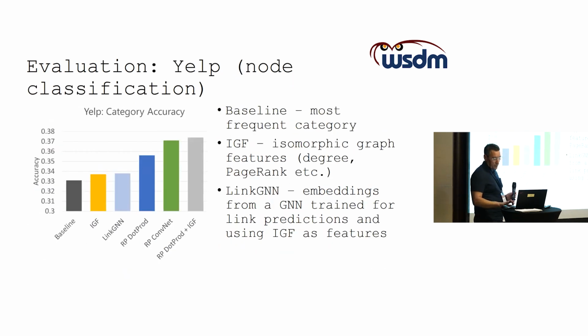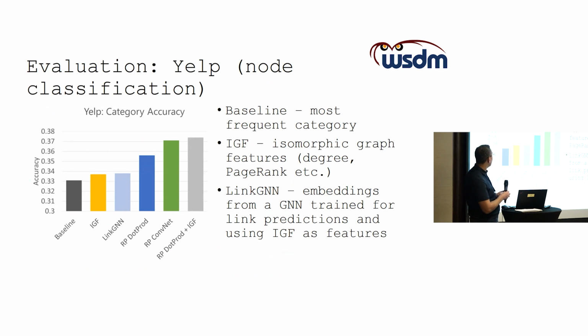We compared our approaches with a set of isomorphic graph features that contain degree, PageRank, ego-net, number of ego-net edges, and so on, and the GNN embedding created by a GNN that is trained for the link prediction task using these isomorphic features.